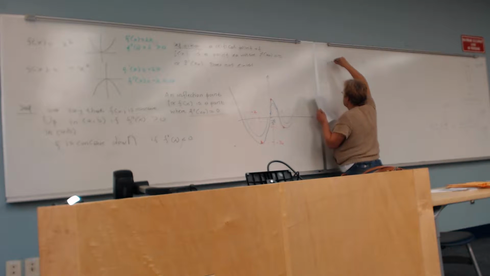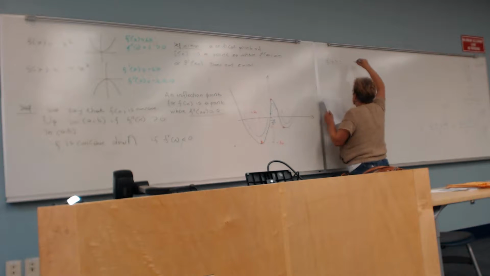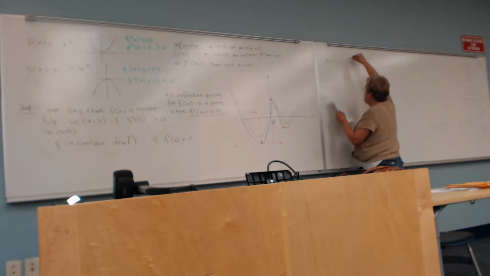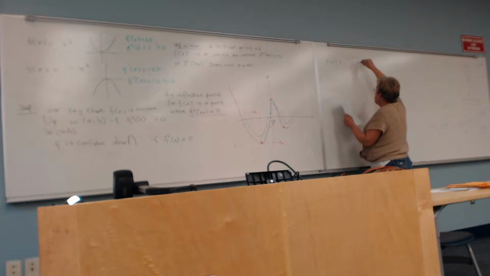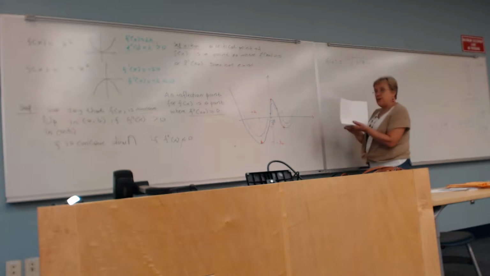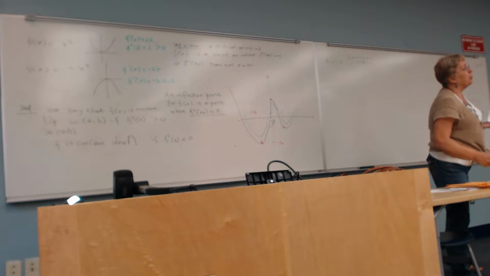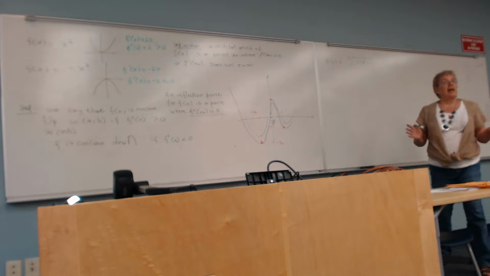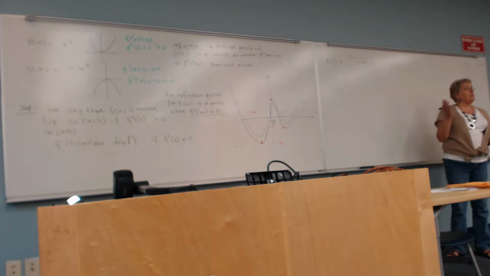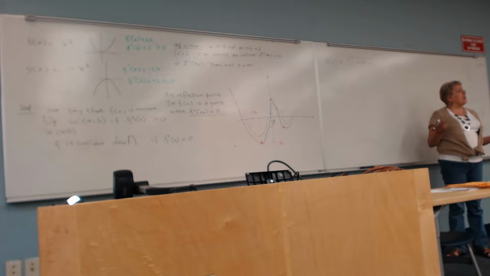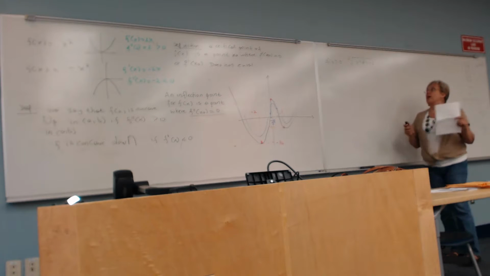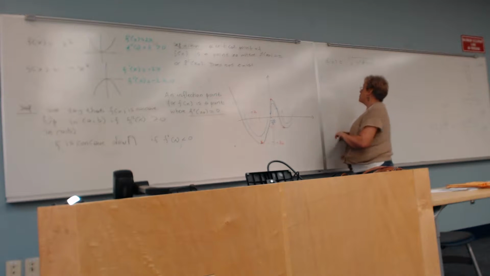So I have f of x equals the cube root of x squared plus x plus 1. You know that the cube root is always defined, right? The argument of the cube root can be positive, can be negative. It doesn't really matter. So we want to sketch.